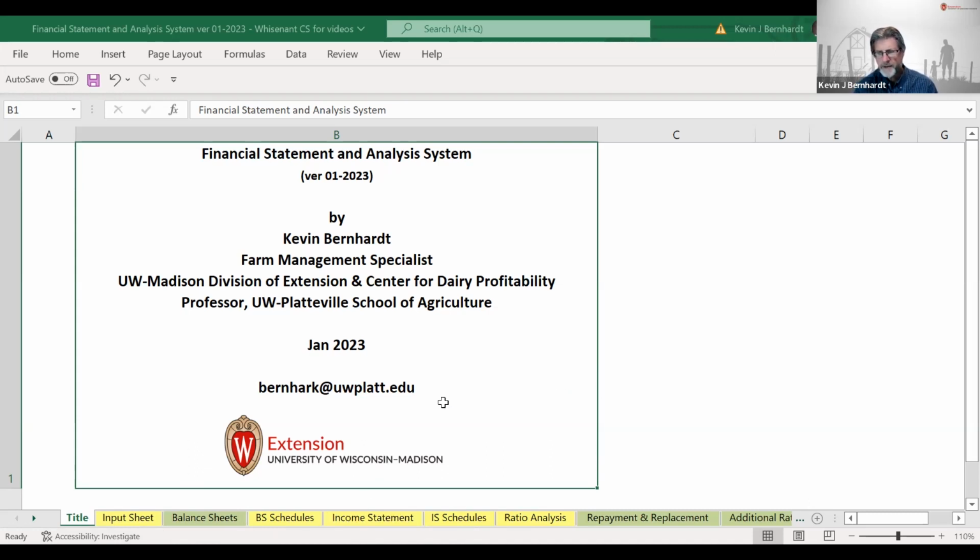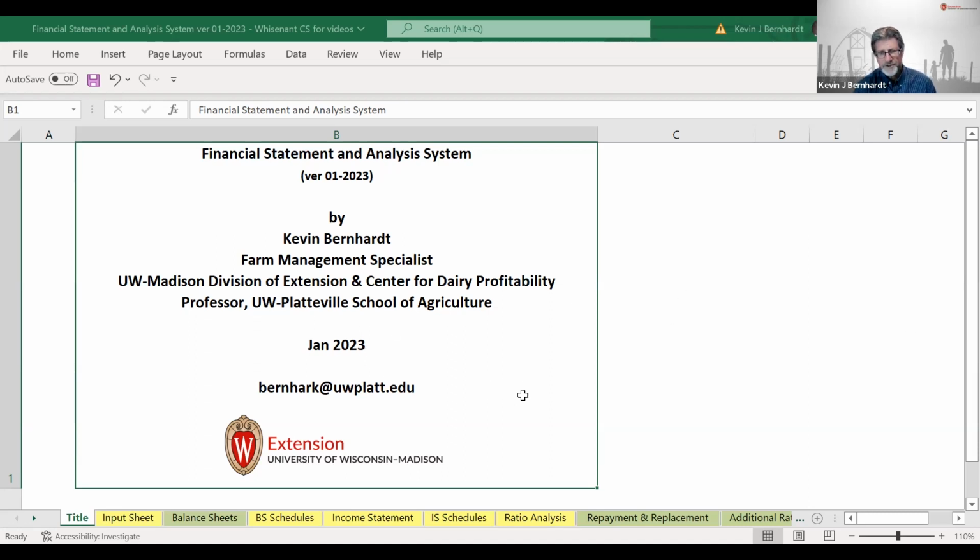This spreadsheet tool is for the purpose of creating the four primary financial statements as recommended by the Farm Financial Standards Council. Those four statements are the balance sheet, beginning and ending, also the accrual adjusted income statement, the statement of cash flows, and the statement of owner equity.